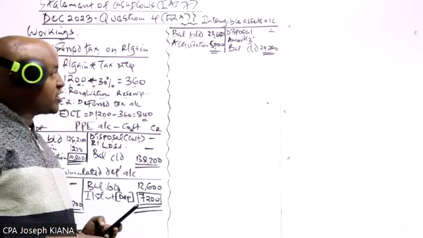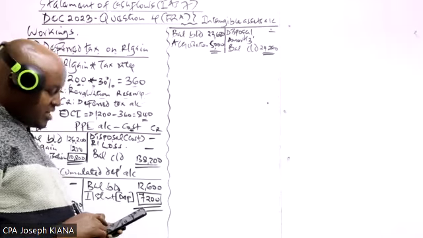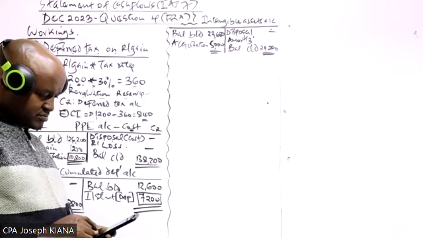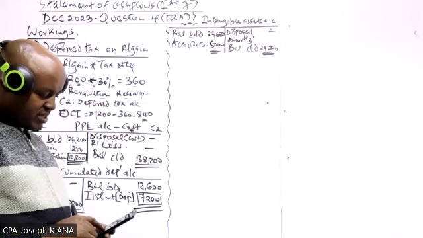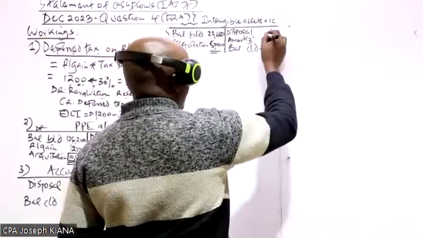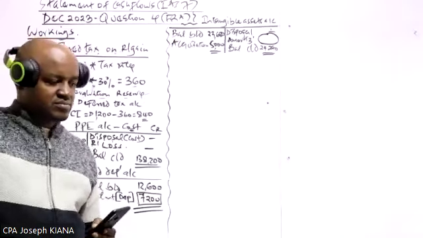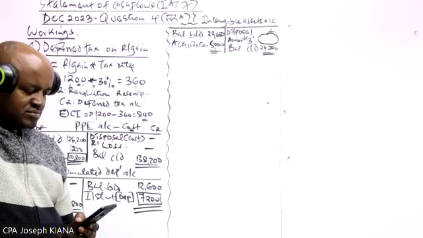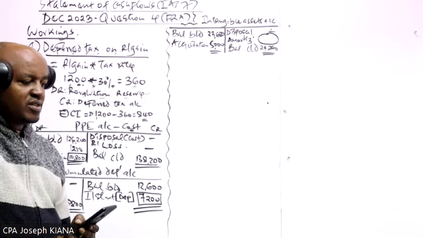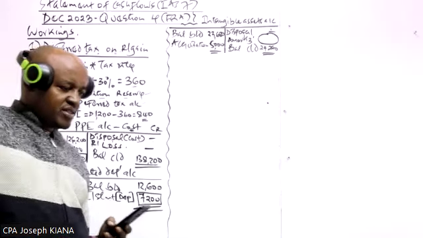So how much is the amortization, the balancing figure there? How much is the balancing figure here? I'm told it's 610. I don't think it is 610. Sauda, I think it can't be 610.